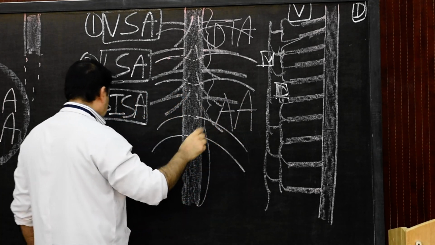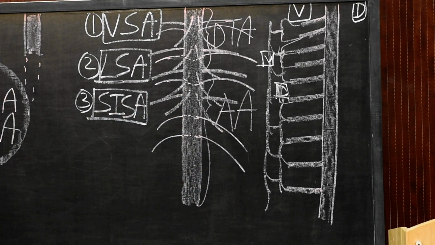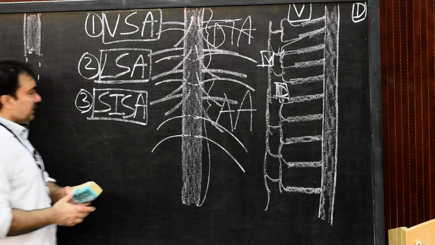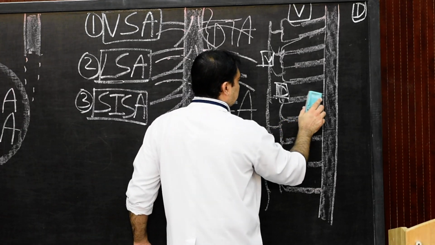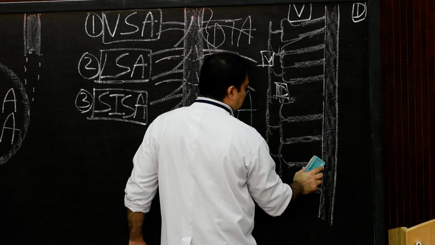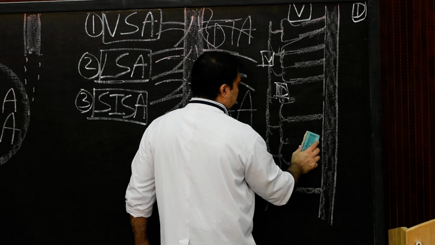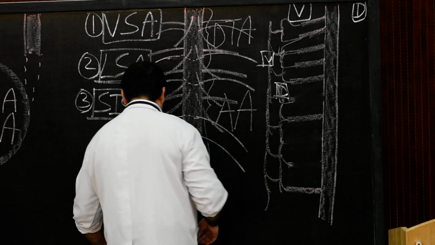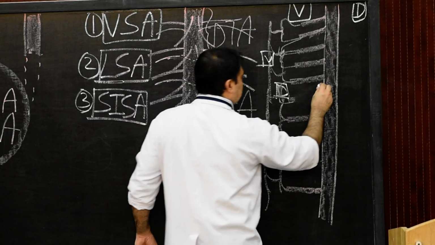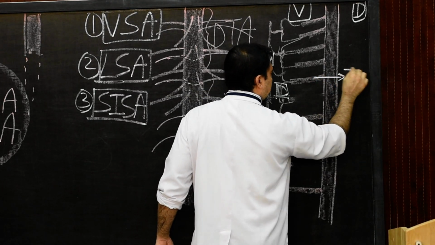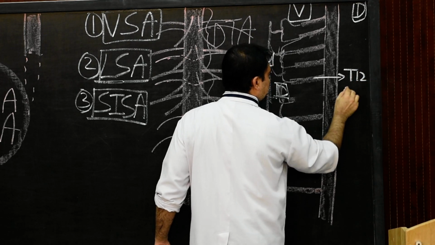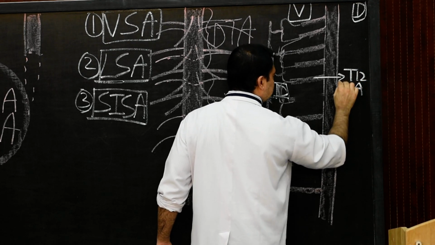So what are those few arteries which will remain? If I make these arteries disappear, what are the arteries which will remain here in the abdomen? In the abdomen, for example, at the level of T12, the artery which remains will be the celiac artery, the celiac trunk.